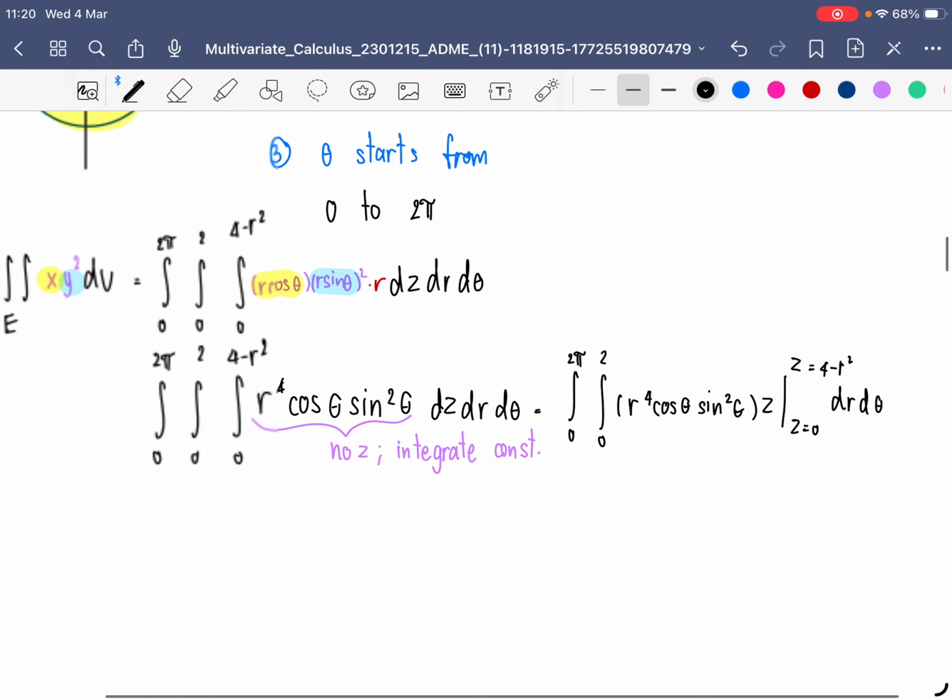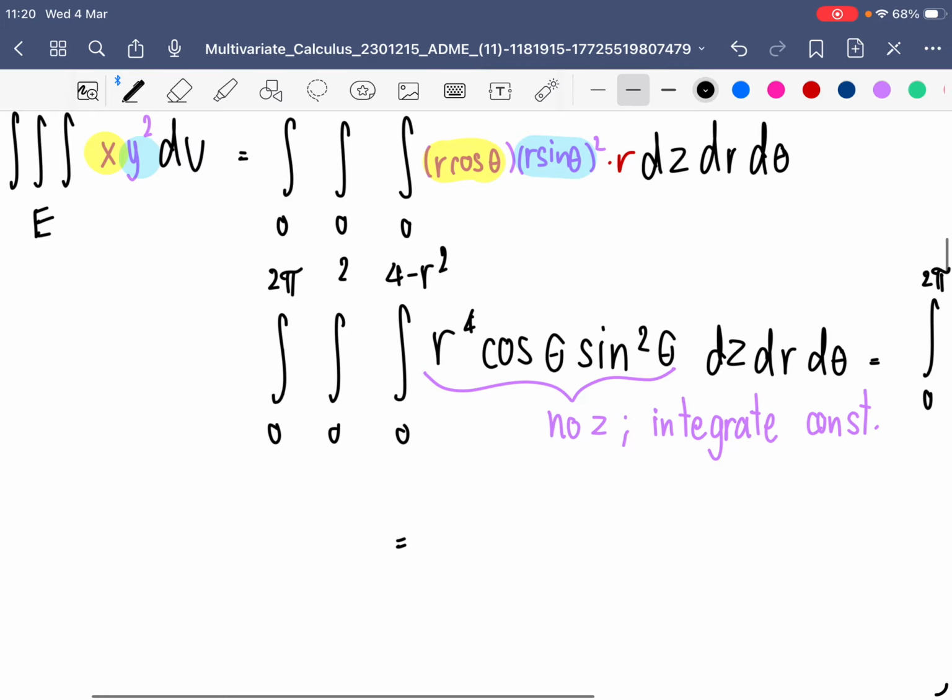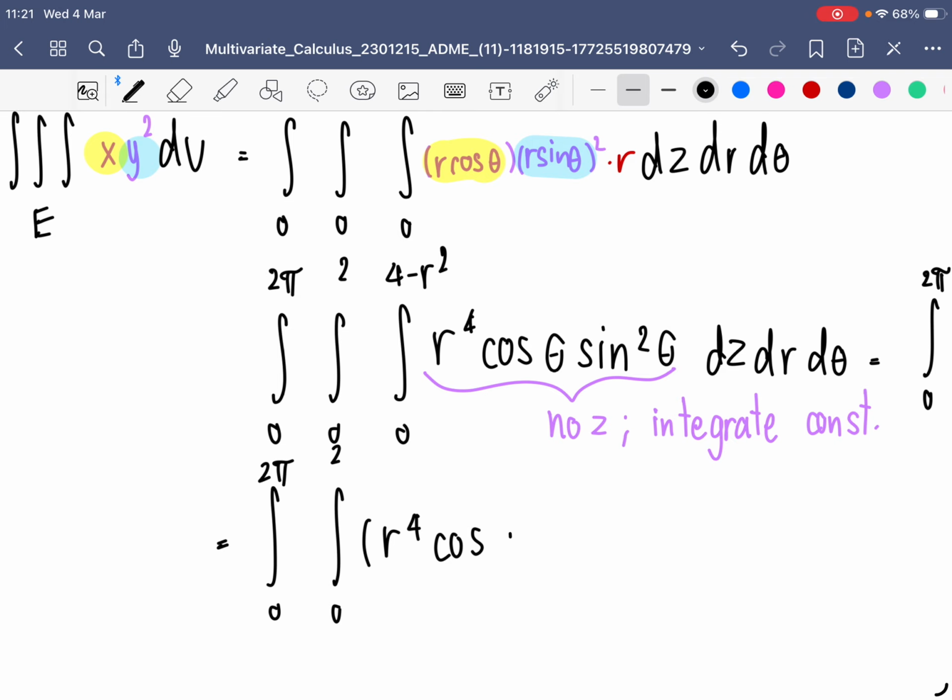So r to the 4th cos theta sine squared theta, I'll just factor this out, and then I have 4 minus r squared minus 0, dr d theta.